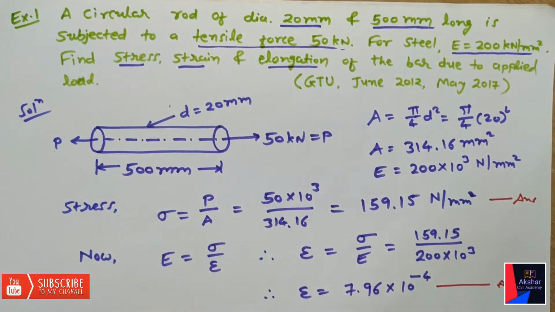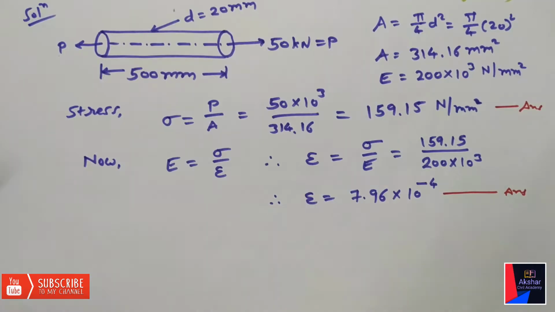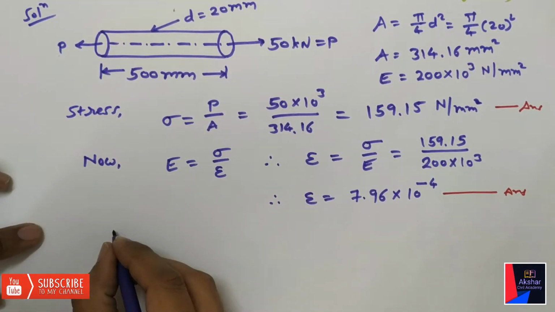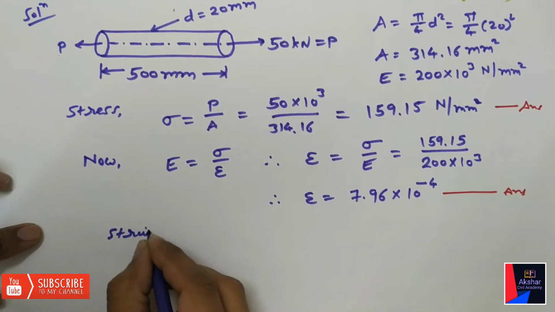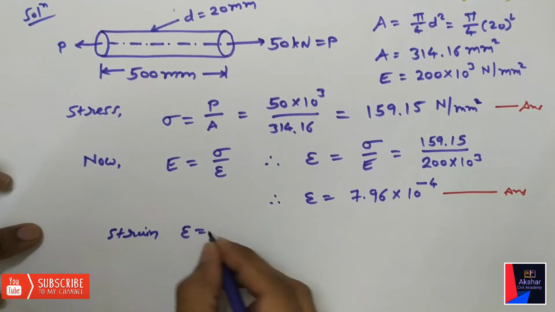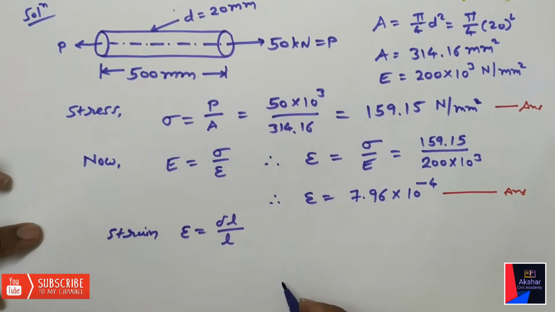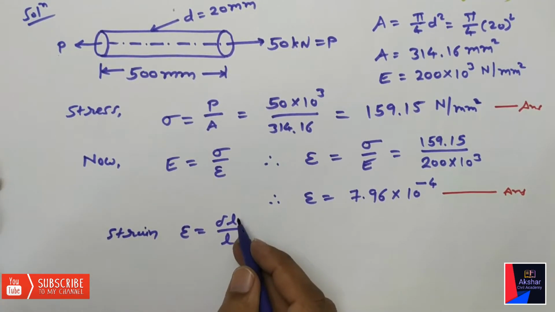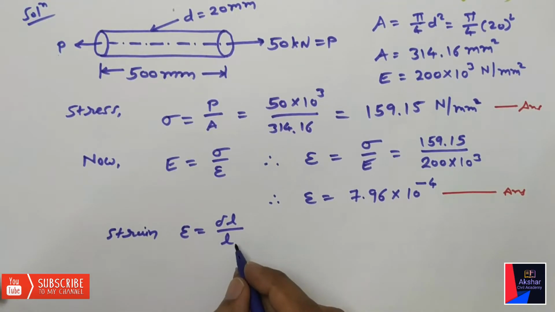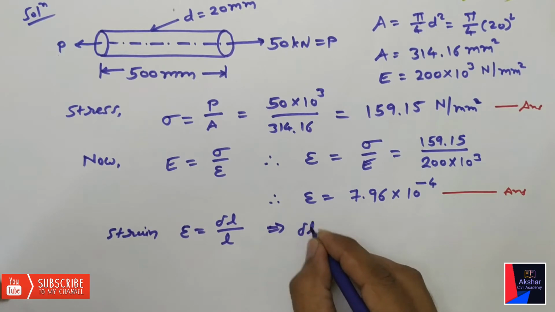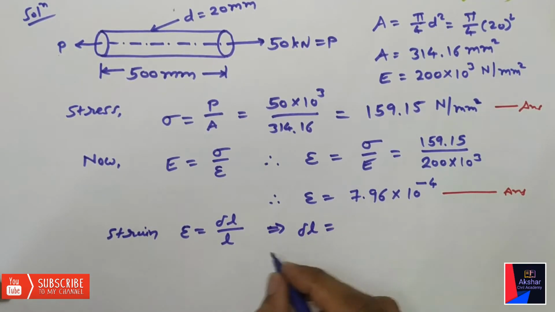Now we know that strain epsilon is equal to elongation upon original length, or change in length divided by original length. So we can find elongation delta L by this equation.